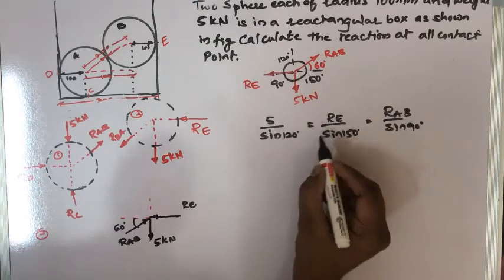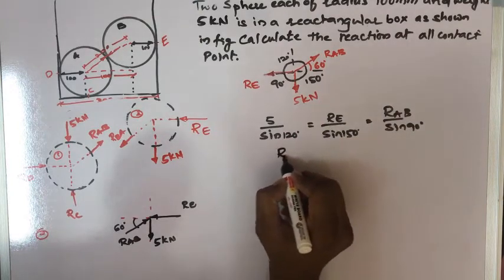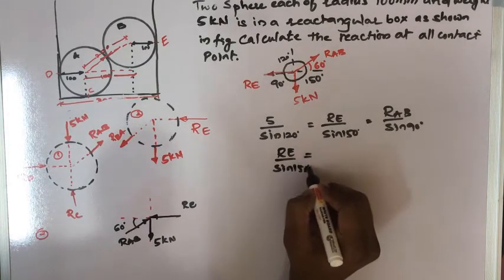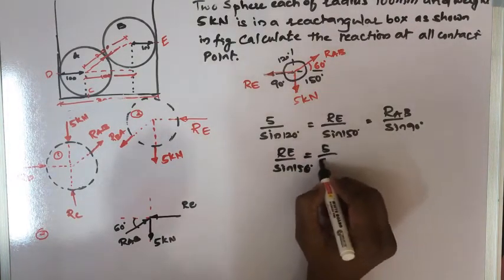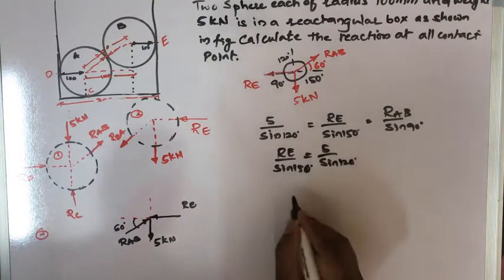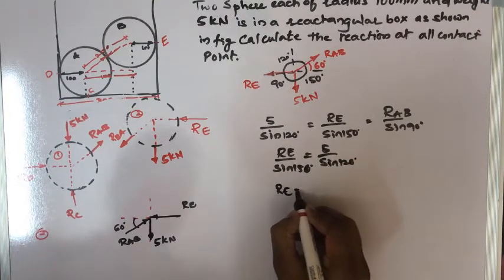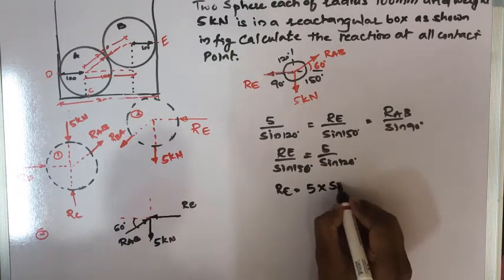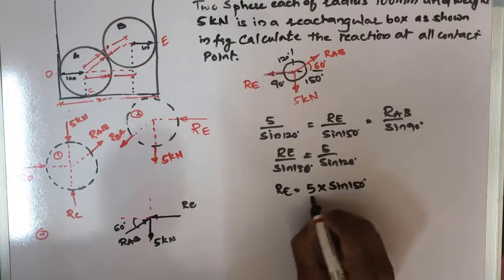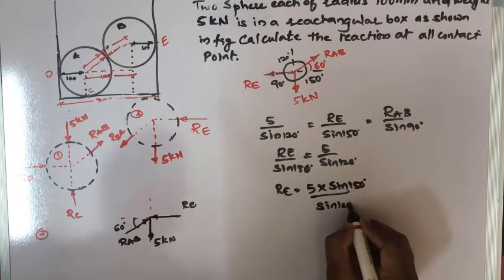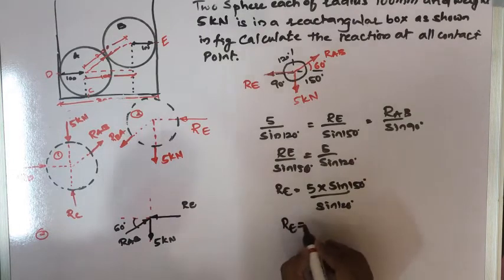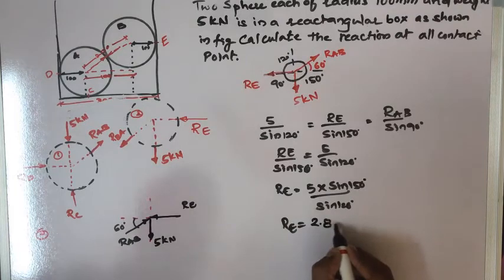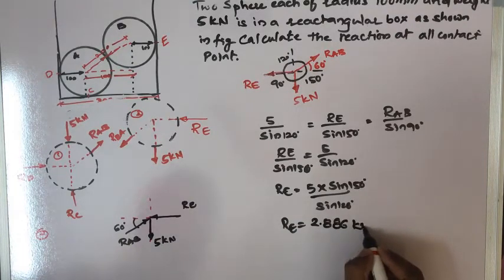I'll consider these two to calculate the RE value. So RE over sine 150 equals 5 divided by sine 120 degrees. Taking sine 150 to the other side, RE will be 5 into sine 150 degrees divided by sine 120 degrees. If I calculate, the RE value will be 2.886 kilonewton.